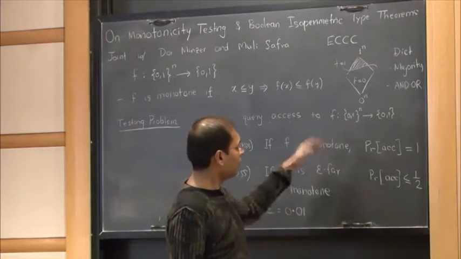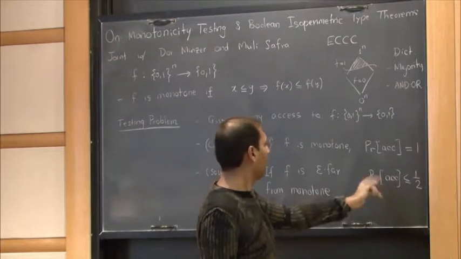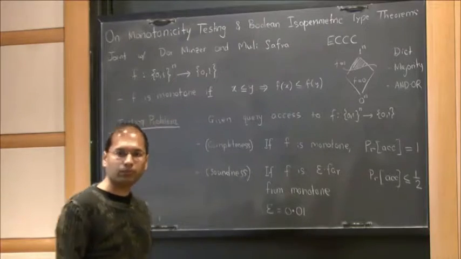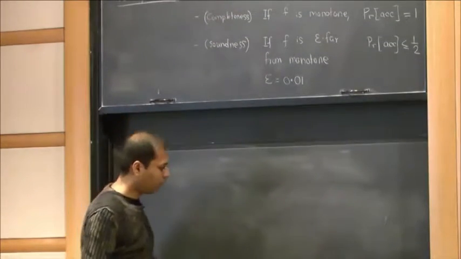In that case, your tester has to detect this fact, and let's say the tester accepts with probability at most 1/2. So this is the kind of tester that we want.